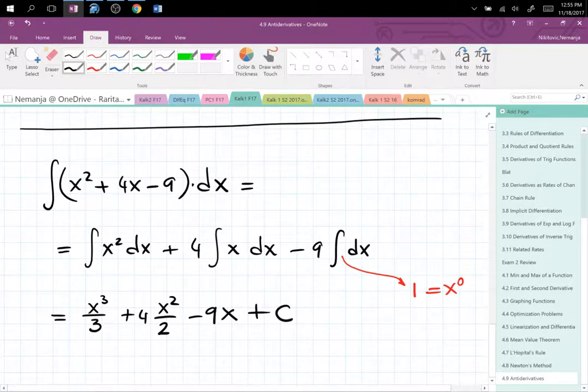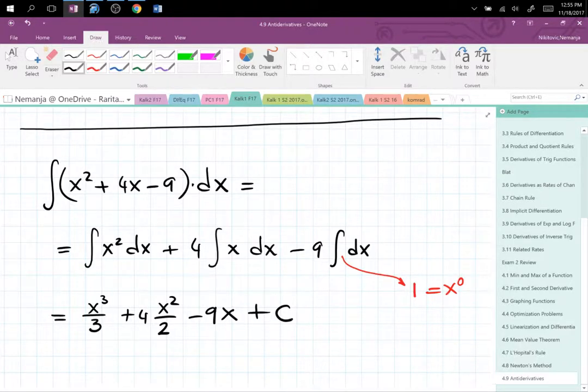So if you have x to the 0, which is 1, which is in that integral there, integral dx, it's integral 1 dx, x to the 0, so if n is equal to 0, then 0 plus 1 is 1, so you have x to the 1, divided by 0 plus 1 is 1, so x to the 1 over 1, which is x. So that's how you get negative 9x.